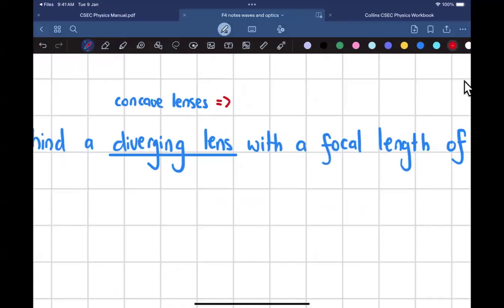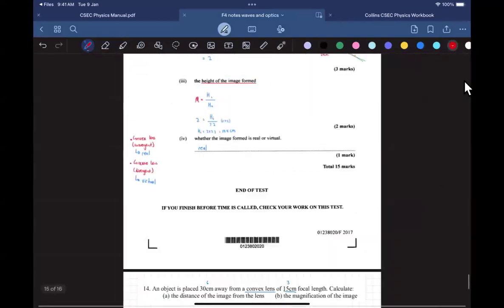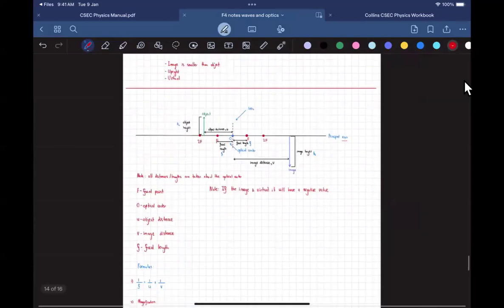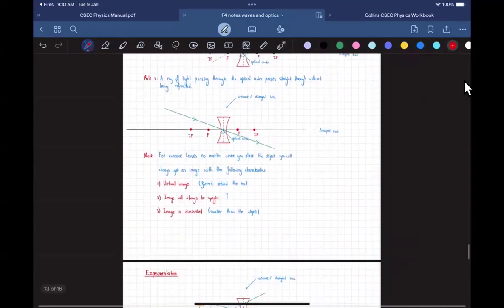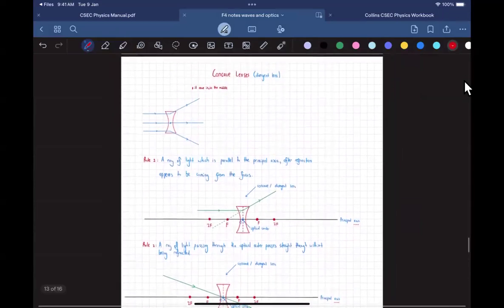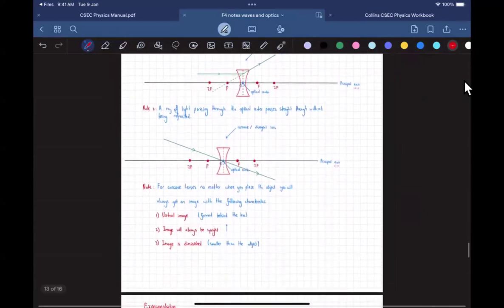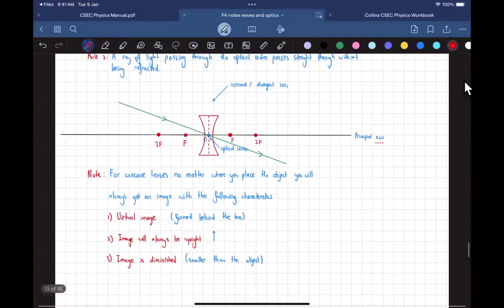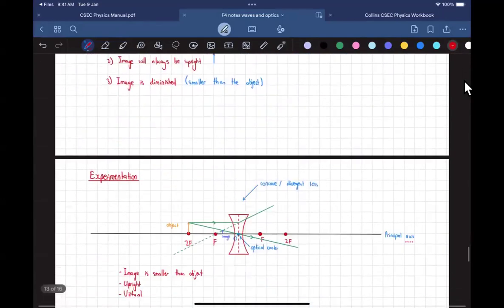I remember I gave my notes here, but I don't know if that is the answer you're looking for. This is what I'm talking about. Let me show you. No matter where you put the object for a concave lens, it will always get a virtual image. The image will always be upright and it will always be smaller. Yeah, that was correct.